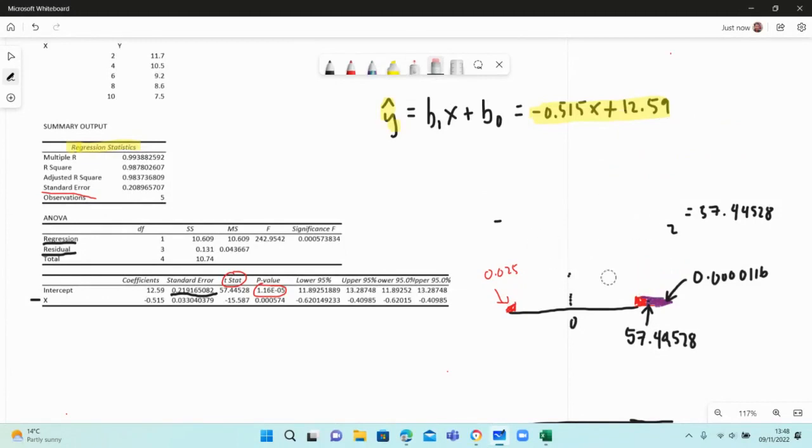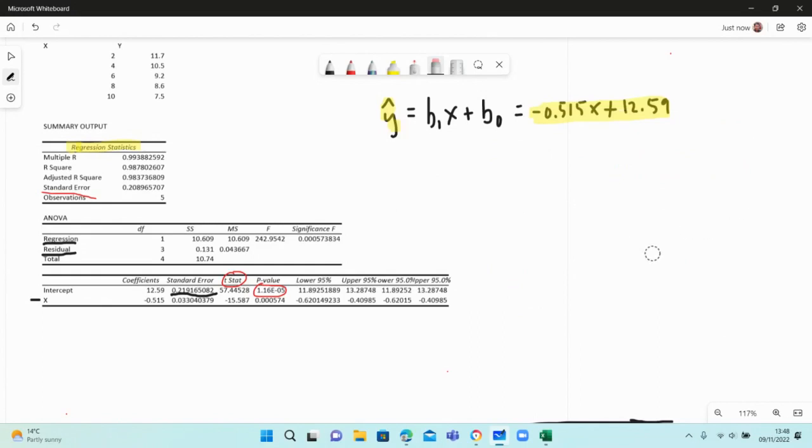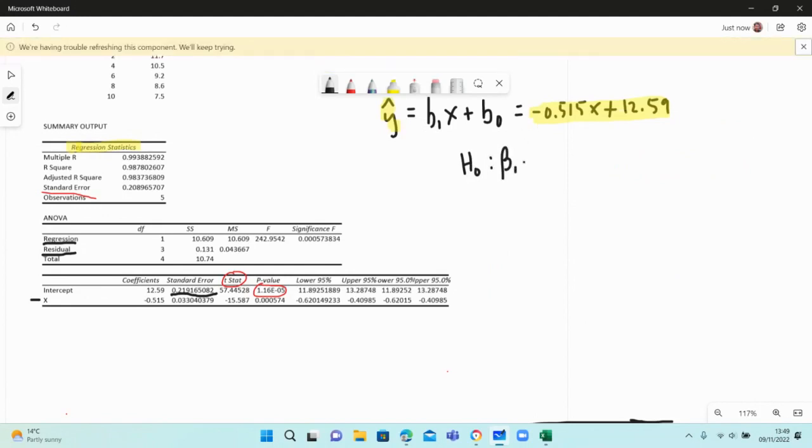Okay. Except for the fact that if we want to consider the rho for the x variable, which is named the x rho, then what we have is, again, we are actually doing a test where the null hypothesis says that beta 1 is equal to 0.